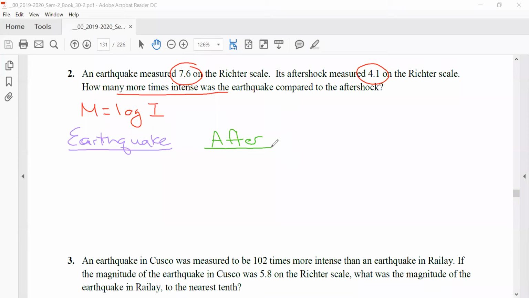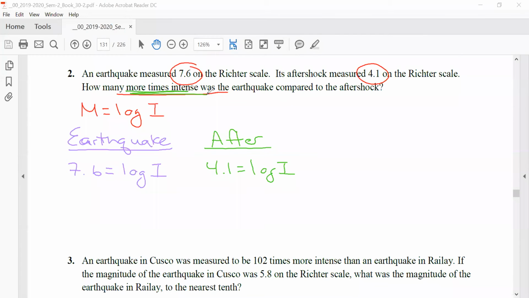When I'm stuck, I've found it very useful over the years to just sub stuff into a formula. It says the earthquake originally had a magnitude of 7.6, and the aftershock had a magnitude of 4.1. Now the question says, how many times more intense?